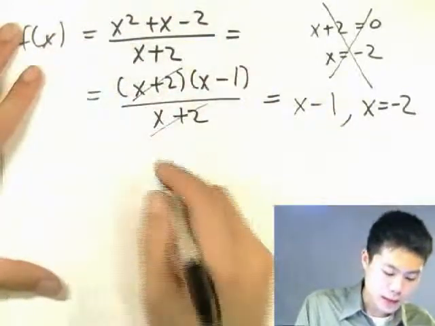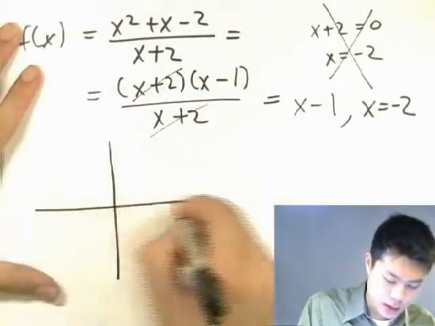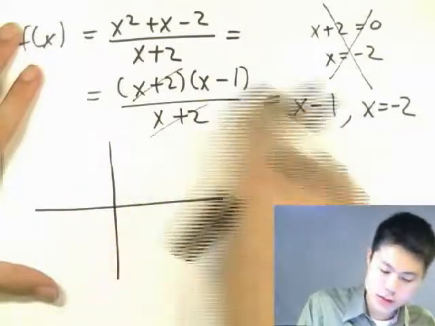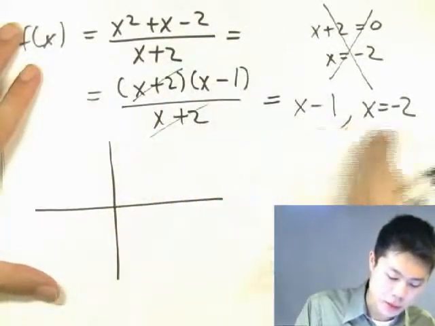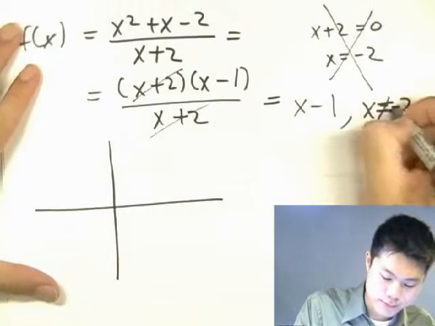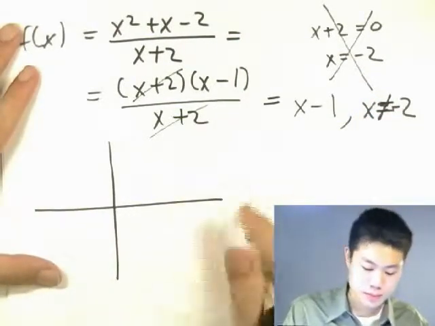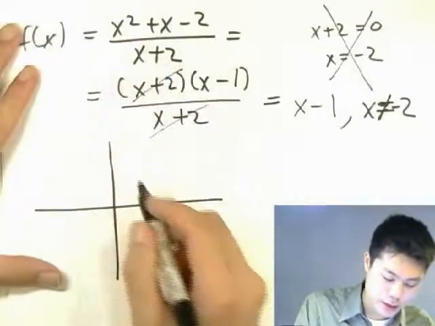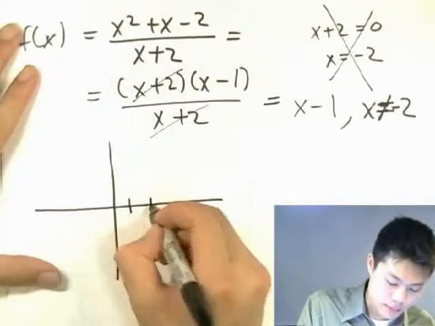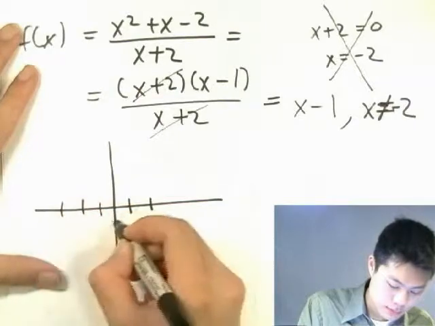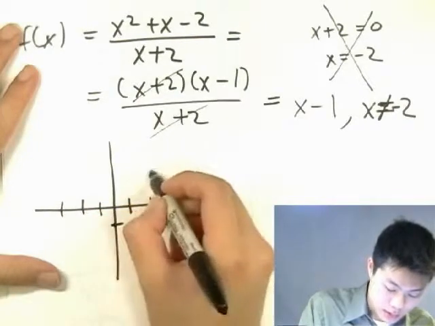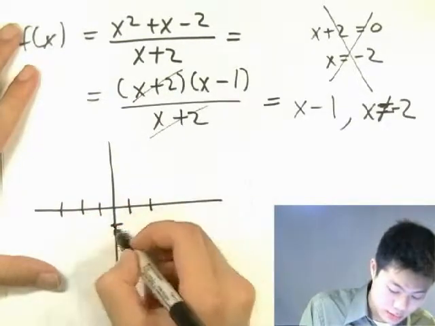So let's graph this. We can actually use this thing to graph it here because they're the same thing, except at this point. That's why it makes sense, right? x cannot equal -2 for this graph. So it's going to look something like this.